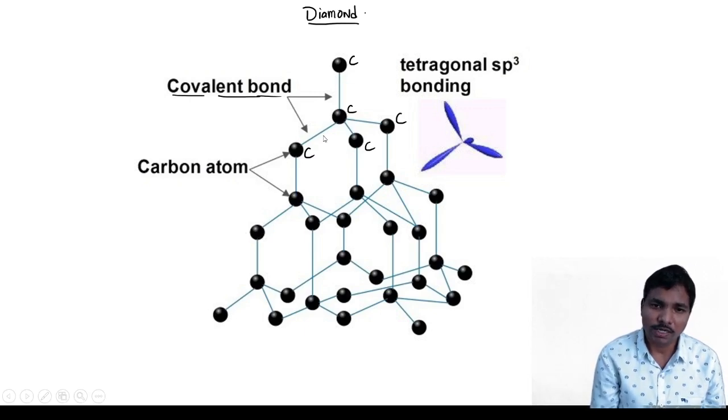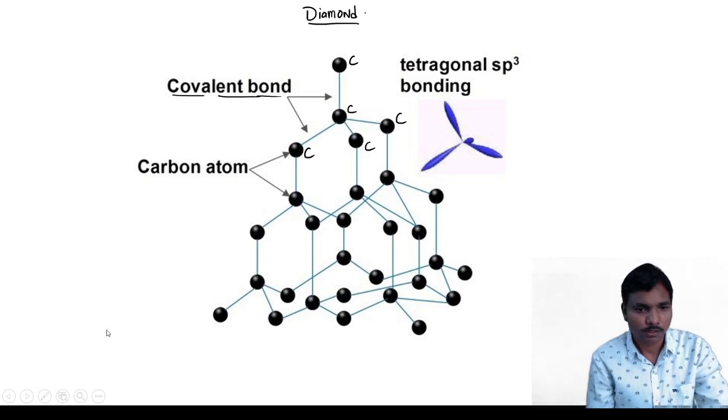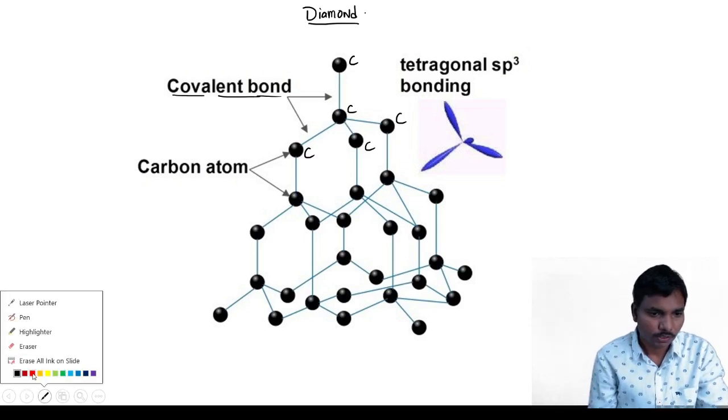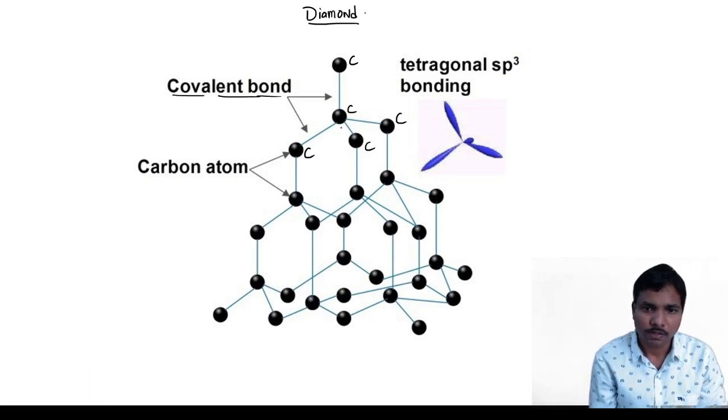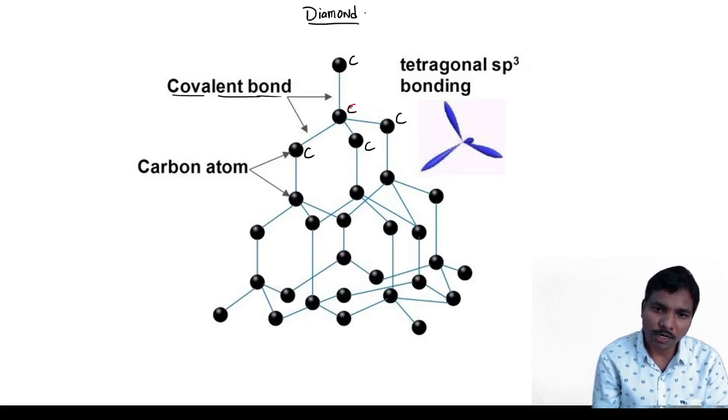If you consider each carbon atom, it is combined with 1, 2, 3, 4.